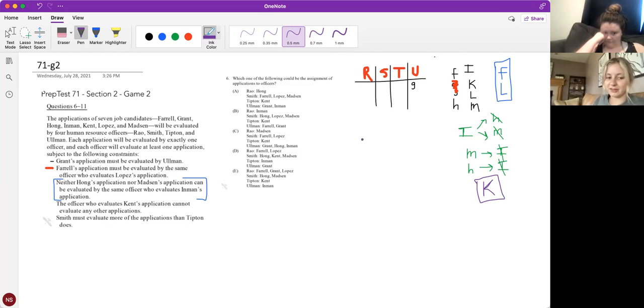Between R, S, T, and U, which one do you think it can't go in? If K can't be with anybody else, then what letter can it not go with? U. So we know now that this is not K.